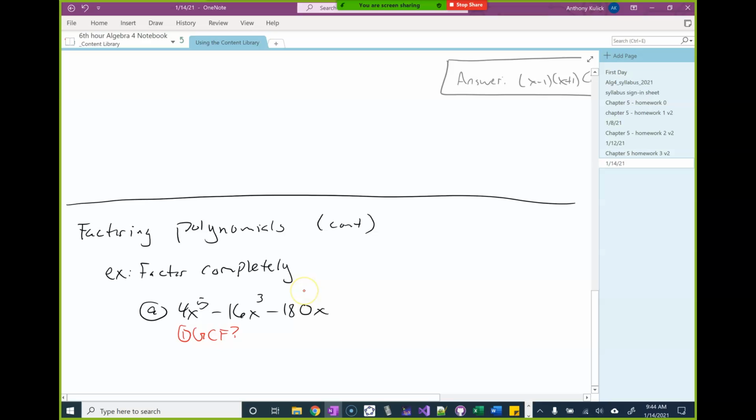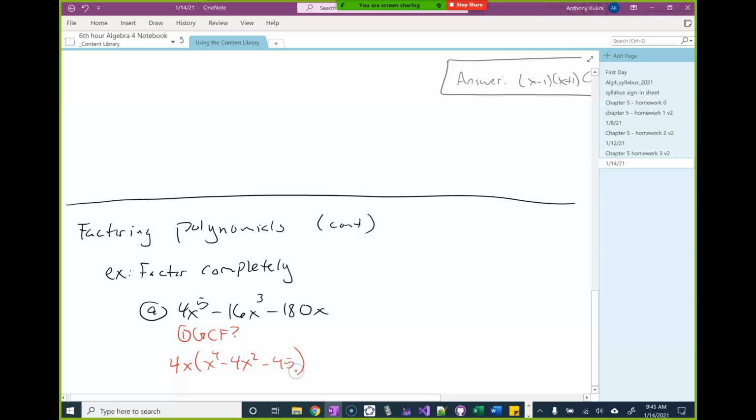4x, right? So when I take out the 4x, I have then an x to the 4th minus 4x squared and a minus 45. Is everybody okay with what we did to there?